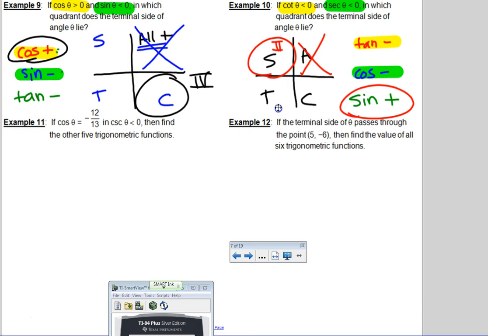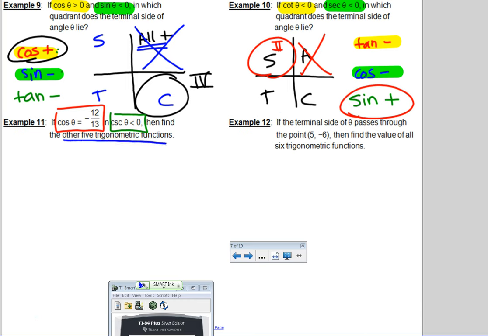Okay, lastly, putting this all together. This is going to actually require you to know a lot about trig, where everything is and what everything means. In problem 11, they're telling you that the cosine of the angle is negative 12/13. They also tell you that cosecant is less than 0. You have to find the other 5 values.